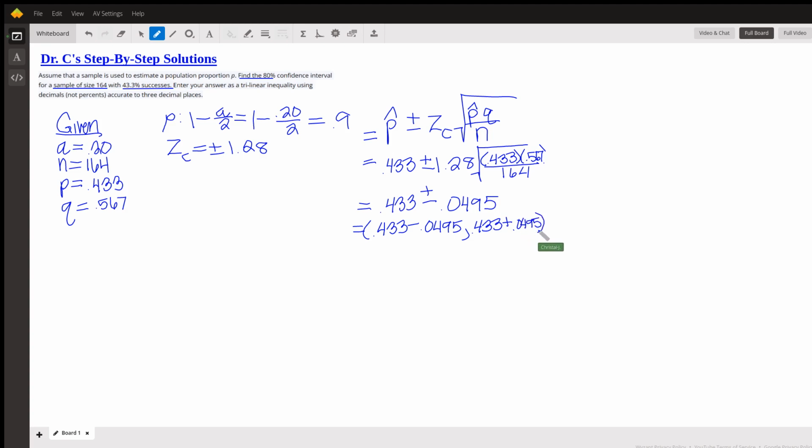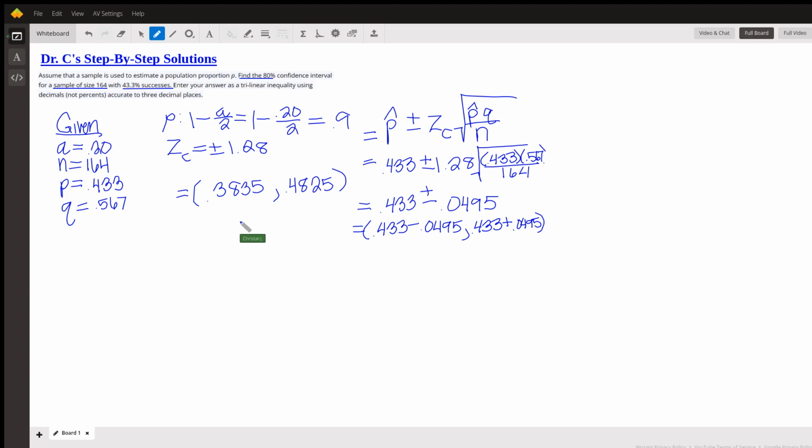When we put that together, 0.433 minus 0.0495 gives us 0.3835. And then the upper bound would be 0.4825.